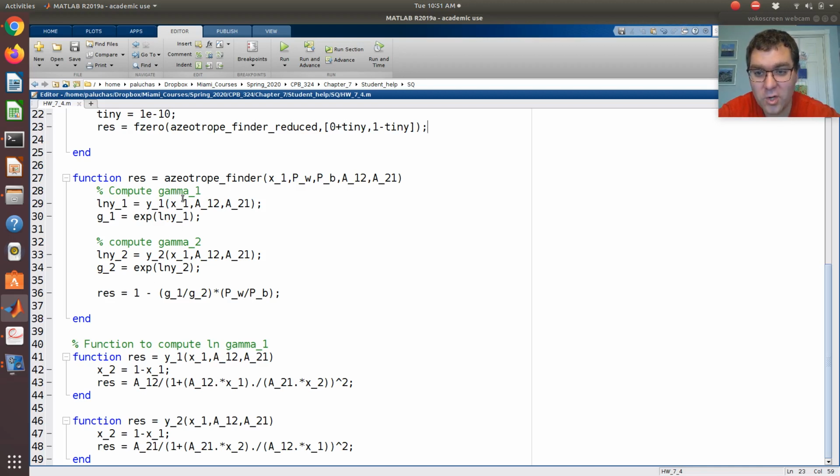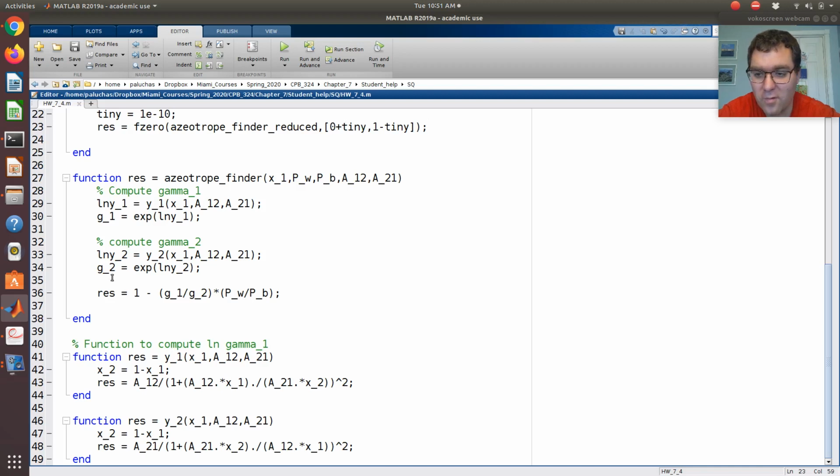And this has to occur, right? So originally it was in the top function. This has to occur in my error function because they're functions of composition, and I'm trying to find the composition for which this equation is satisfied. So these are in my error function, because then fzero will keep guessing values of x1 until this equation is satisfied. Then one subtlety is here I kept y1 as the name of your function.